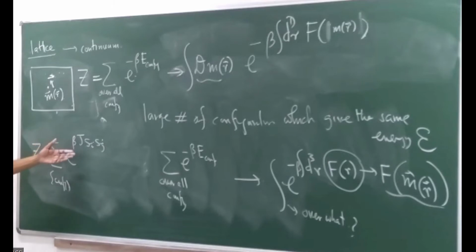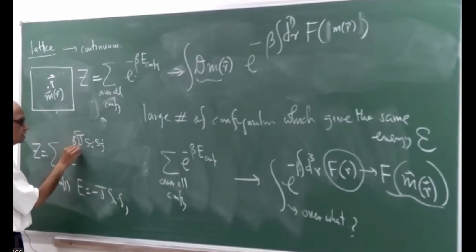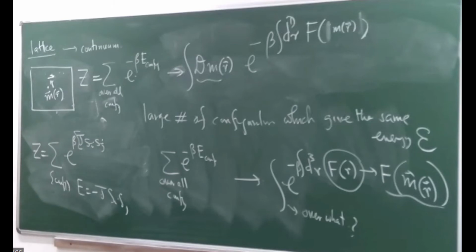The energy for a configuration is E equals minus J s_i s_j. You had to have a sum over here for a given configuration. I had to tell you what this is for that configuration, and then for a given configuration you have this energy, and you sum over all configurations, it gives you the Z. That is what we had when we were writing down models like the Ising model.